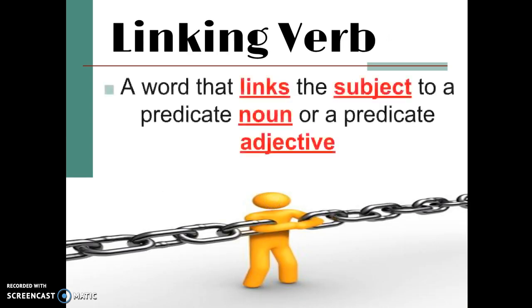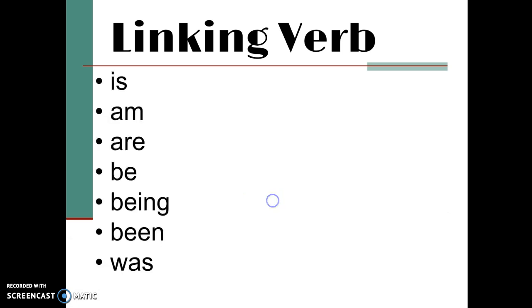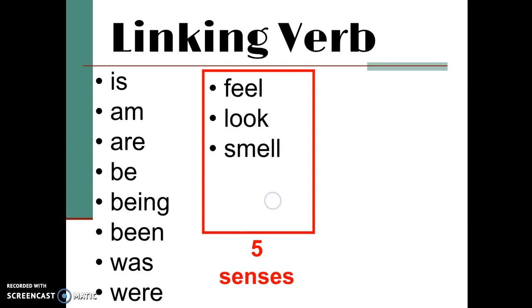A linking verb is a word that links the subject back to a predicate noun or a predicate adjective. And we have a list of 18 words that we've memorized as linking verbs. We've got the 8 state of being verbs. We've got 5 that go with our 5 senses, how something feels, how it looks, how it smells, how it tastes, and how it sounds.